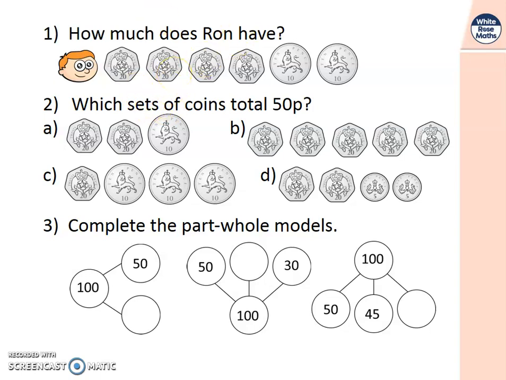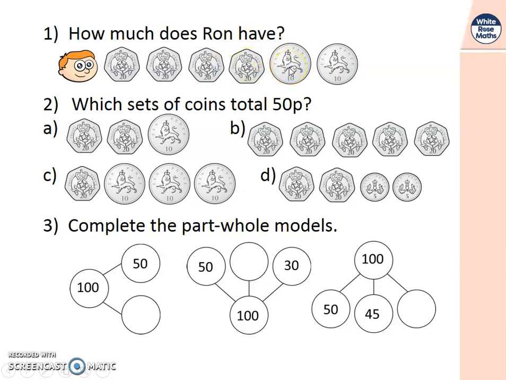Number 1. How much does Ron have? Remember how to group together to add up. Have you done it? Let's check. So, Ron has 20, add 20, add 20, add 20. He has 4 20 pence pieces. So that's 20, 40, 60, 80 pence.